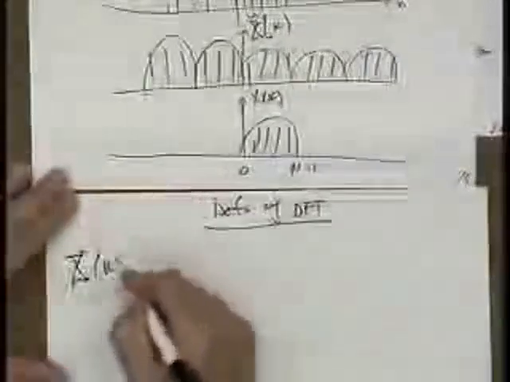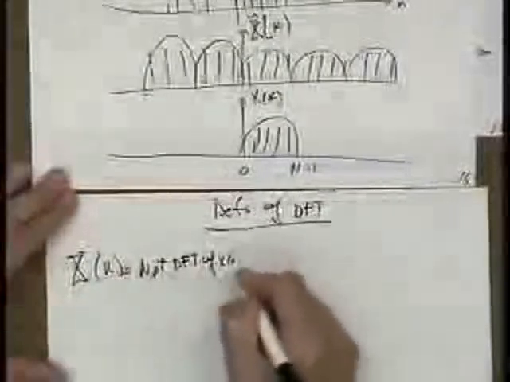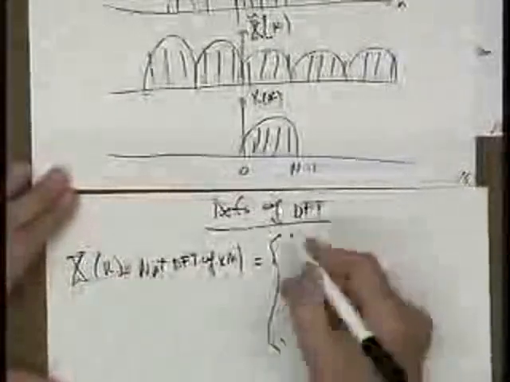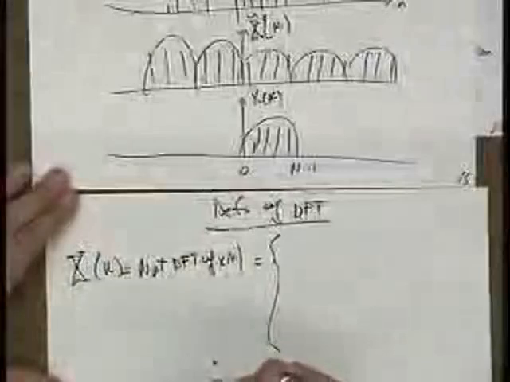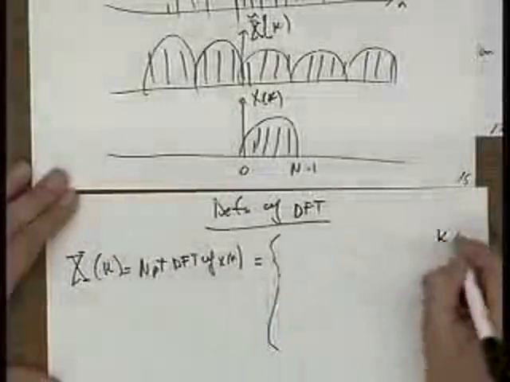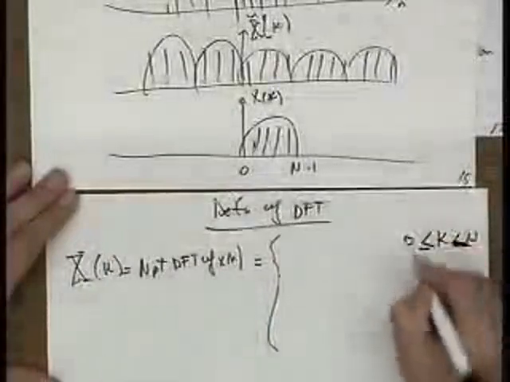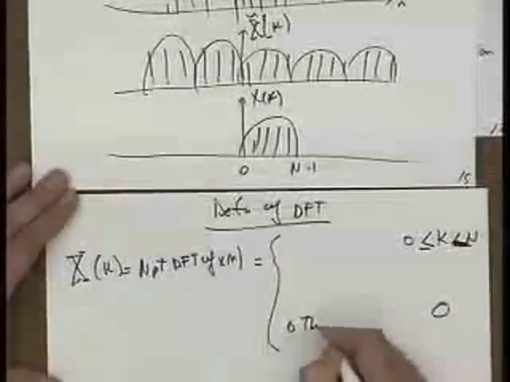X of k, which is the N-point DFT of x of n, is equal to something for k between 0 and N minus 1, and is equal to 0 otherwise.